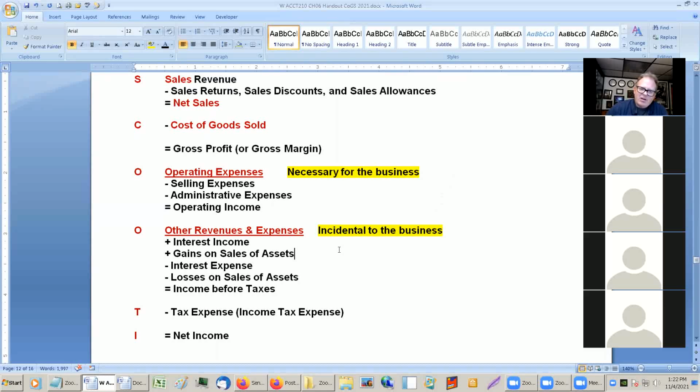The things down here are things that you're really not in business for. For example, if you run a pizza parlor, a pizza restaurant, you make your money selling pizzas, right? Now, incidental to that, you probably will have a bank account, and you'll take your daily deposits and deposit them in the bank. On your bank account, you may earn interest.